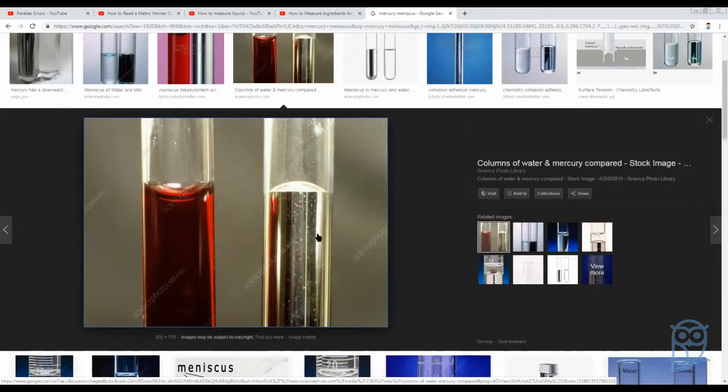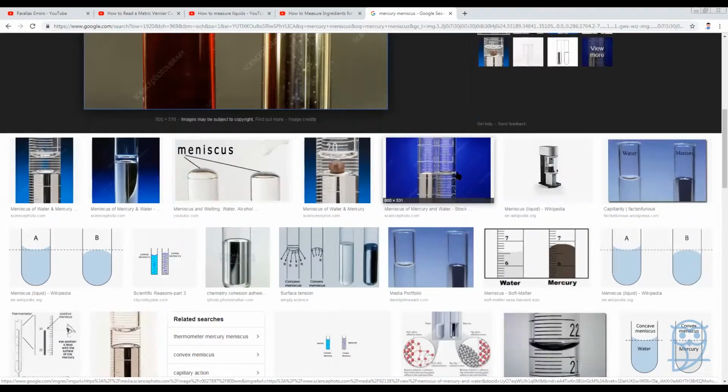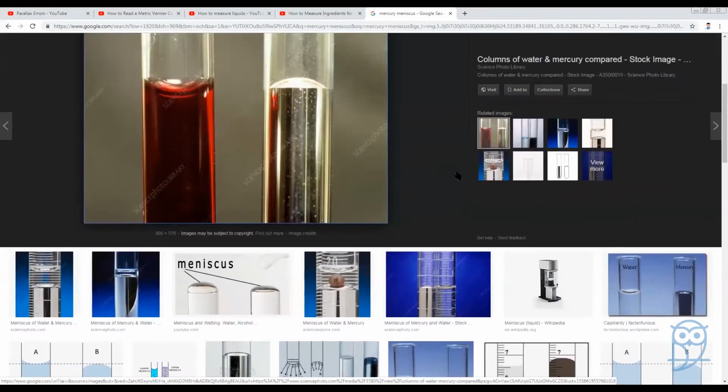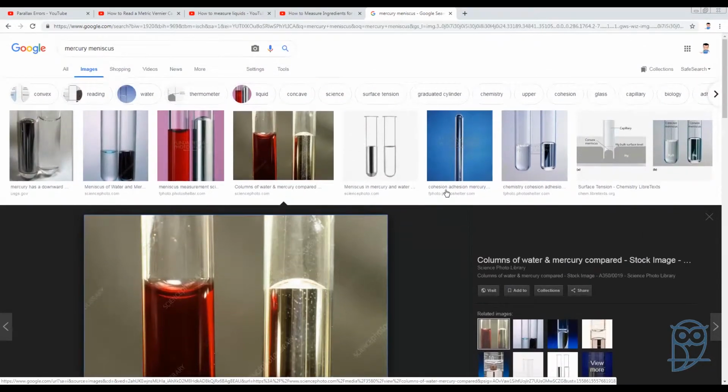And so we end up with its meniscus being upwards instead of downwards like it is for water. Okay. So yeah, it is slightly strange. It's a very interesting property that we have for liquids, but it is what it is. We can't really change that at all.